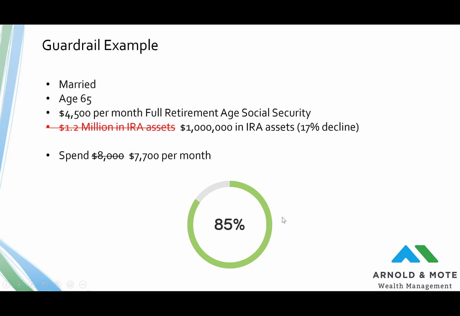And so just for example, for this hypothetical client here, we can come and say, you had a goal of spending $8,000. If while the market's down, we change that to $7,700 per month, so cutting $300 per month, that gets you back in a very confident long-term scenario that we're comfortable seeing.